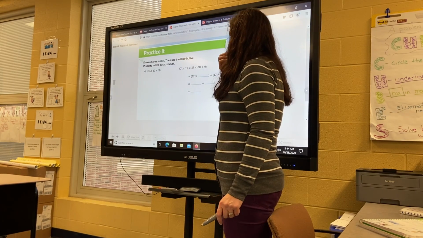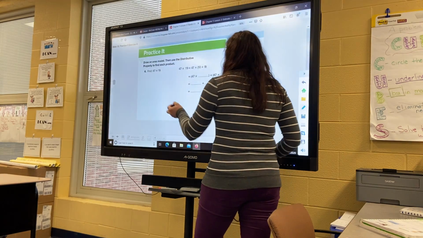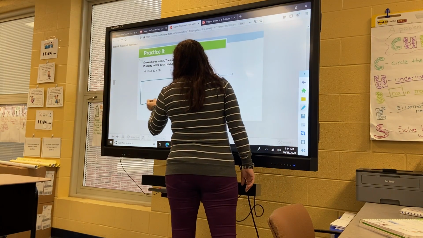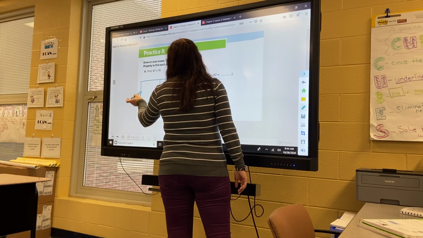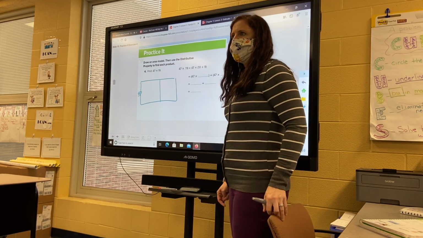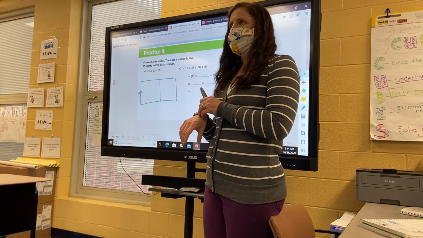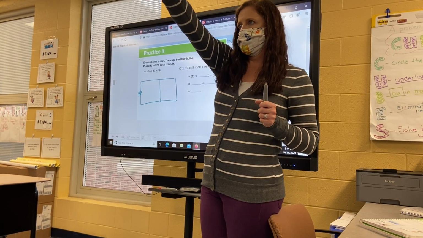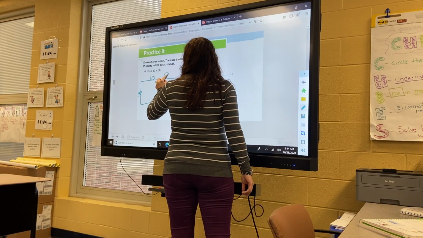All right, so let's draw an area model. So we're going to put 47 here, and we're going to break 19 up. What is 19 in expanded form? 10 and 9.